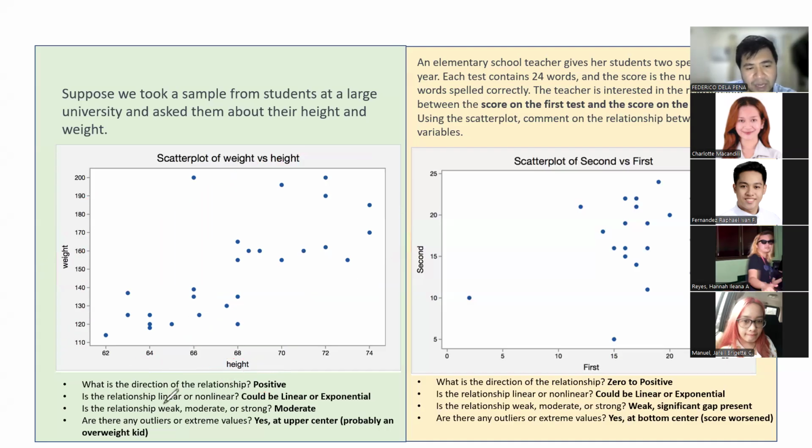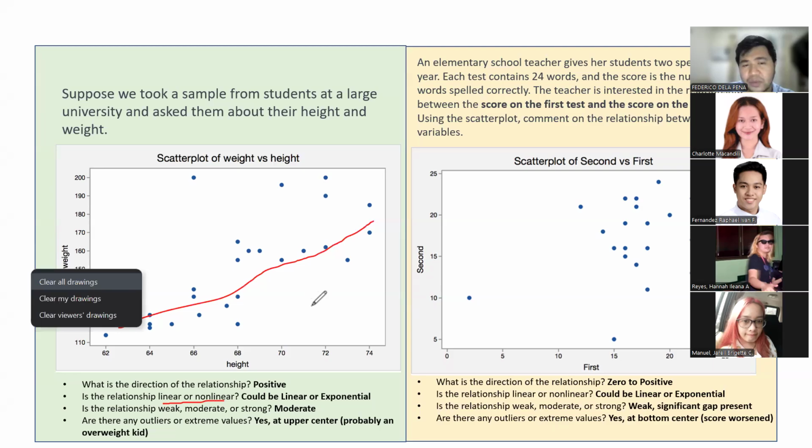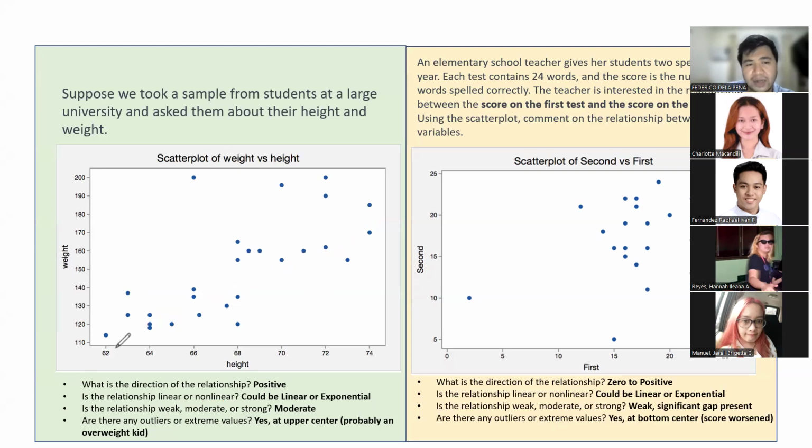Now, in terms of the shape of the relationship, to be honest, it's really not straightforward. It could be linear, but you just have so much scatter in your data. It could be something like an exponential trend, could be anything.